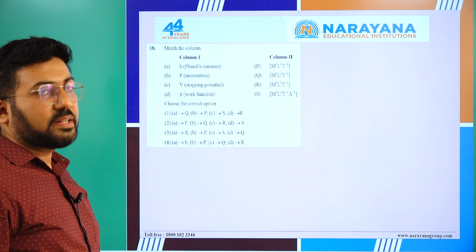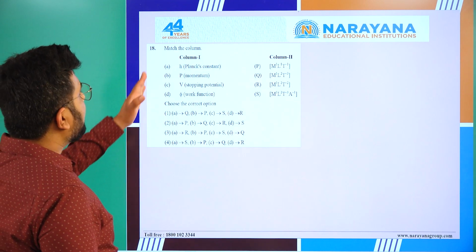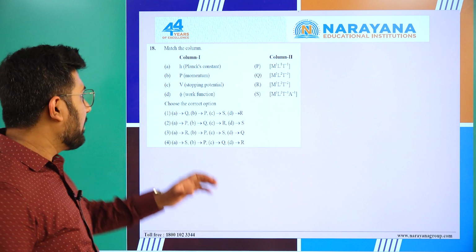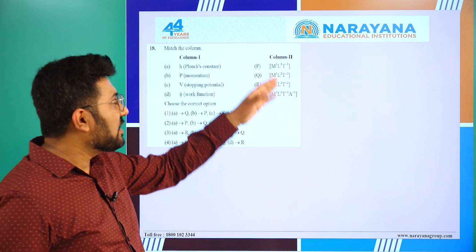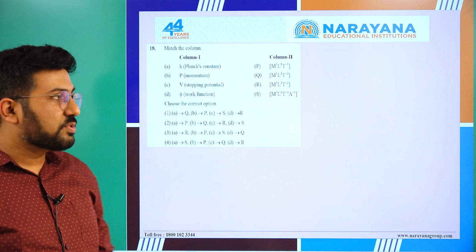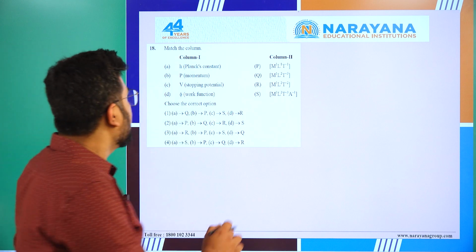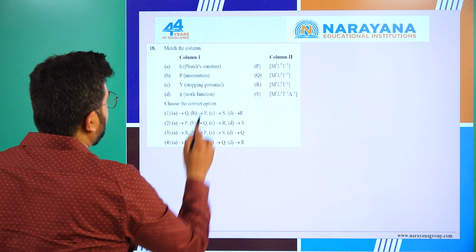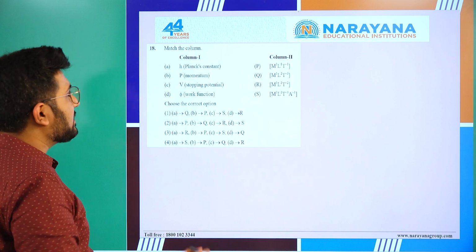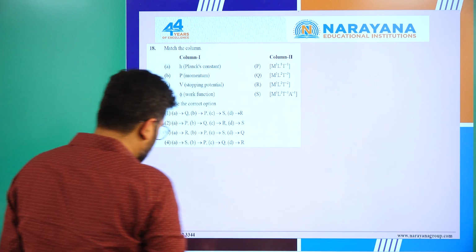In this question it is given, there are different physical quantities on one column, and in the second column you have the dimensions. So, we just have to match the dimensions. So, first one is the Planck's constant. Fine. So, what is Planck's constant? You can use the relation E equals HF.